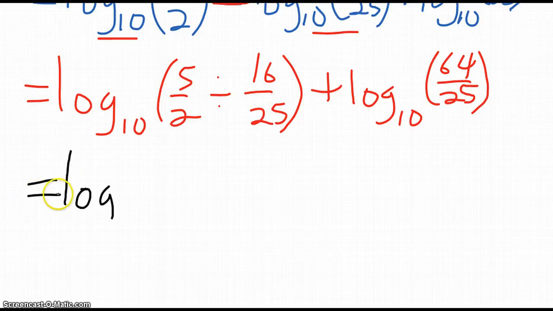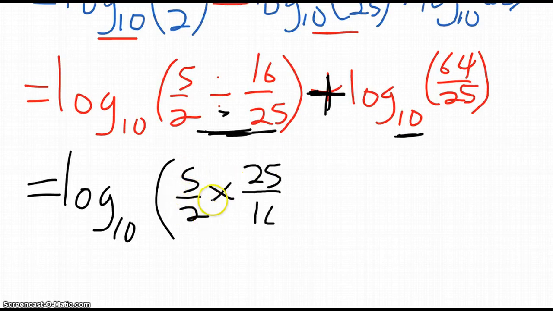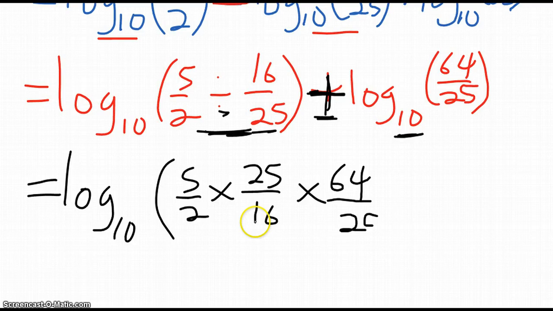Again, this is of the same base 10 and we are doing addition, and so we can multiply, but this division can also be changed to multiplication, so we can write together 5 on 2 times, then reciprocate 25 on 16, then because we are adding we also say times 64 on 25, and from here we can do simple cancellation.